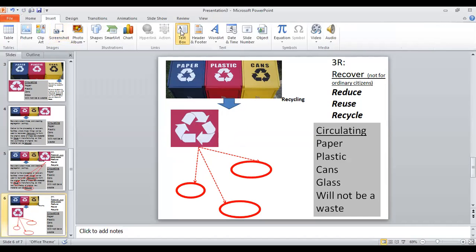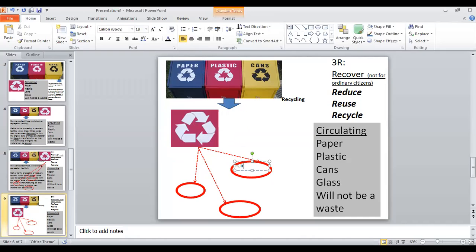Circulating. Obvious. So even little ones, let's say school children, must understand this sign. Circulating. So whatever you put here will be circulated. Okay.